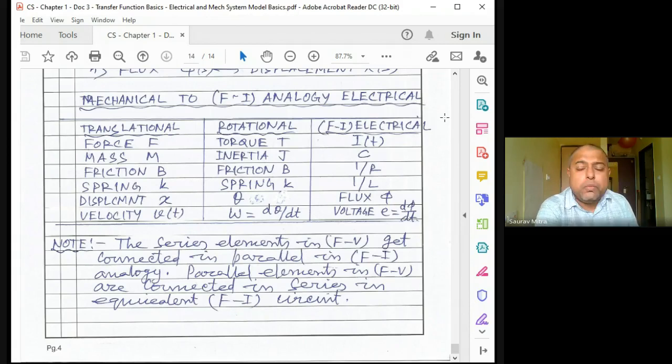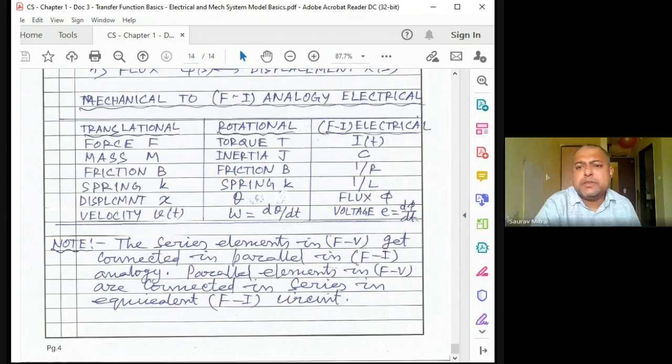The last thing, why do we need to convert mechanical system into electrical system? Because if we are having a very big mechanical system like a car, we cannot test that in a lab. We cannot bring a whole car and test, convert it into model and test it, not possible.